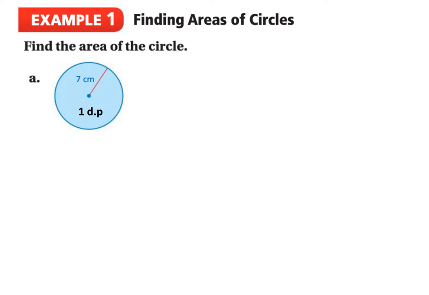So now we're going to apply that formula to actually find the area of this circle here. So if we take a look at this first one in our example, we have a circle and we have this measurement of 7. So again, we still have to identify what the 7 represents. Does it represent the radius or does it represent the diameter? So great, it's the radius.